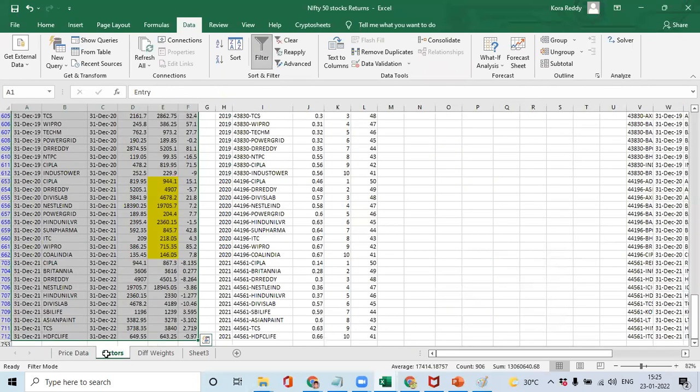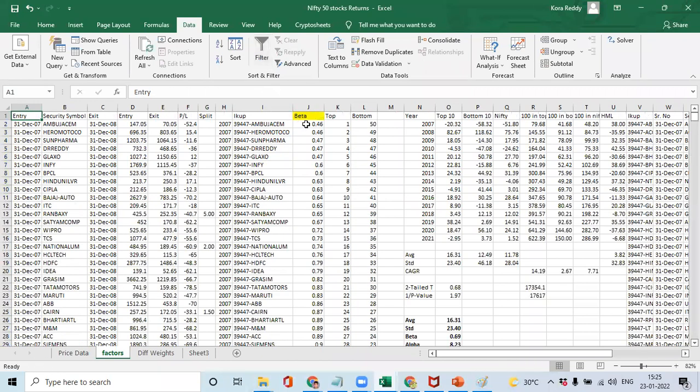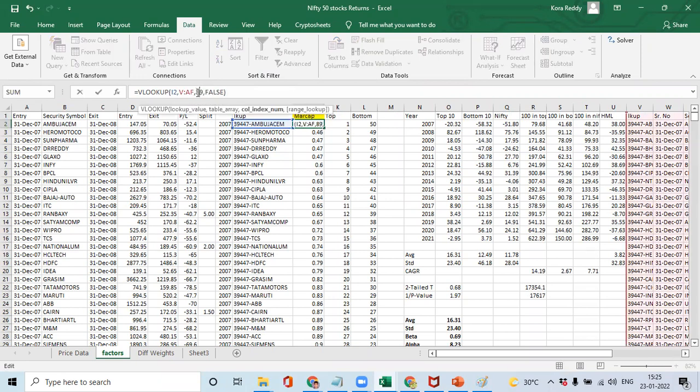This is your factor. Just select top 10 by market cap. I'll just show you instead of telling you.